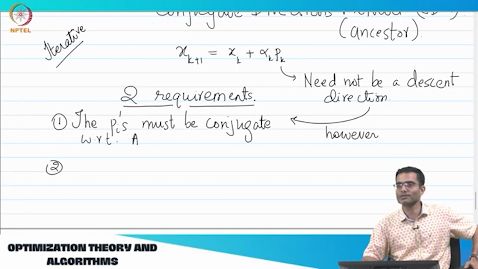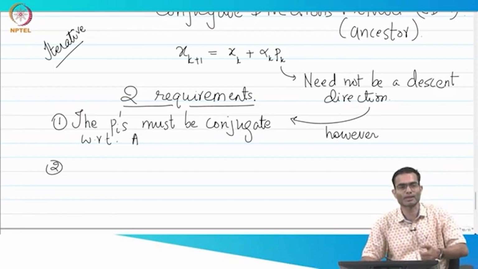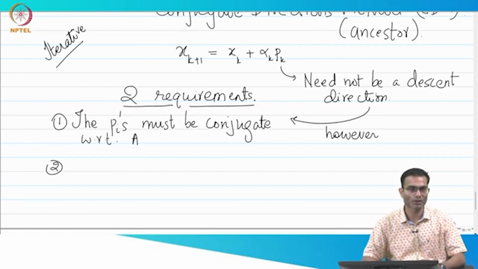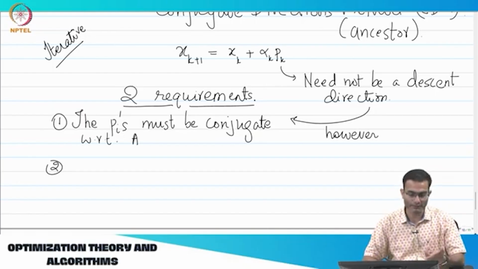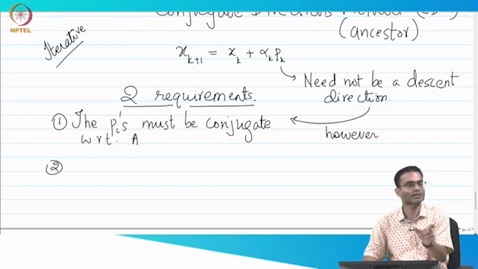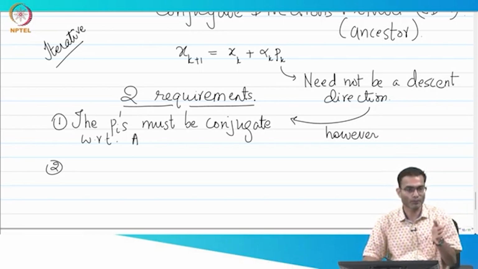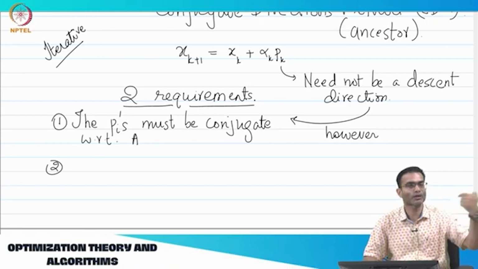So does it make sense for me at all to do line search? There's no sense, right? I'm wasting resources in doing line search when I know what the exact step length should be. So the second requirement is that all the alphas are exact step lengths, exact minimizers of the cost function along which direction?